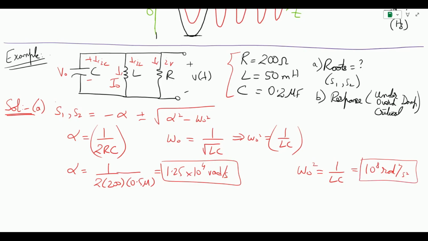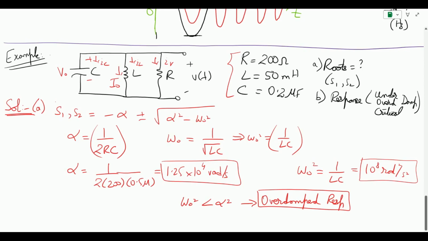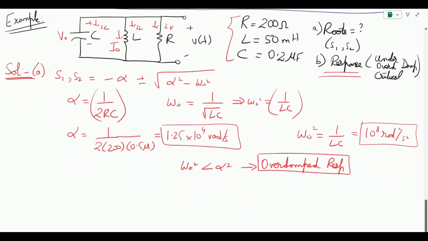We compare alpha and omega, and we see that omega naught square has a value which is less than alpha square. This means that the response will be an overdamped response. So we have basically given the answer to the second part while solving for the first part, and then we conclude the first part by finding S1 and S2 using this equation.